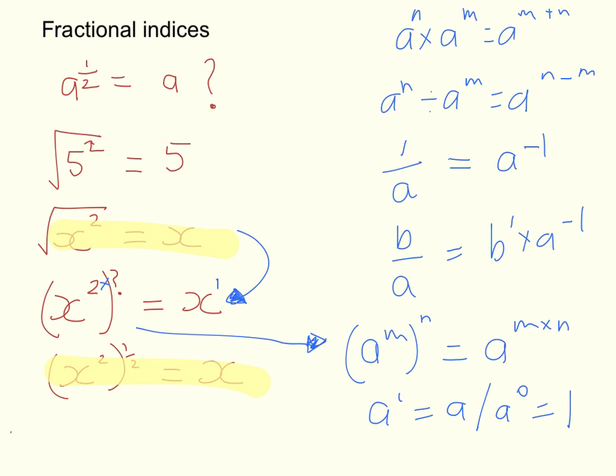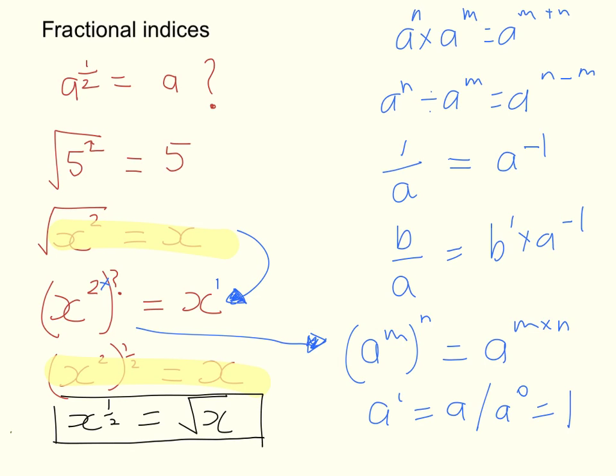Well, I hope what you can see is that we end up with x to the power of a half is the same as the square root of x, and we're going to add that onto our little list of index laws. Okay, so that means if I have something with a half power, it ends up being a square root.